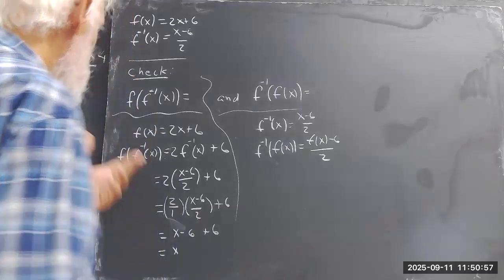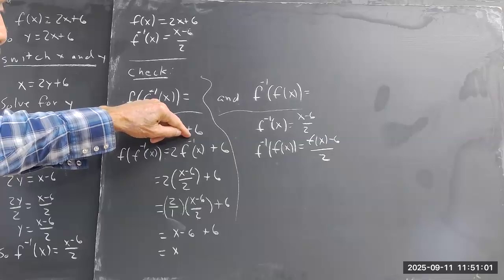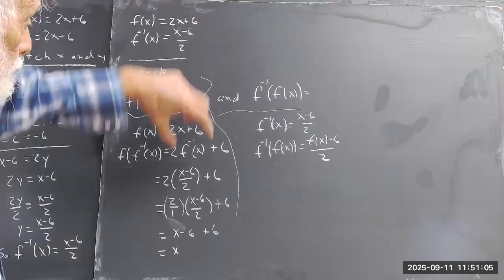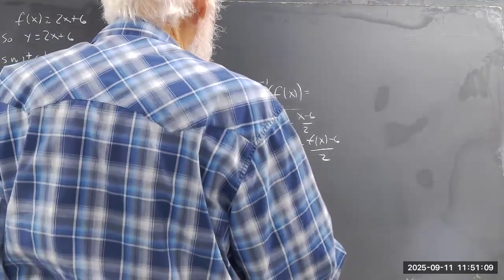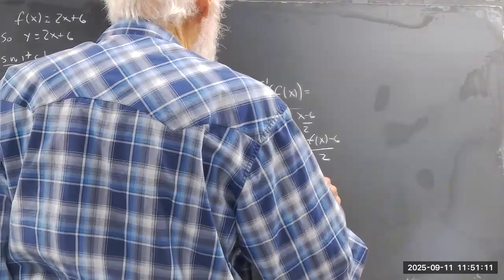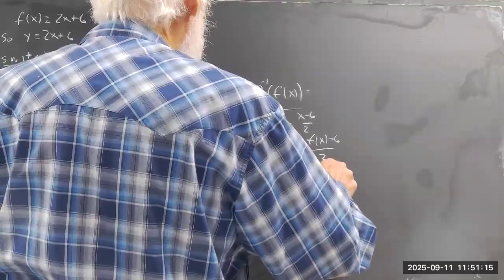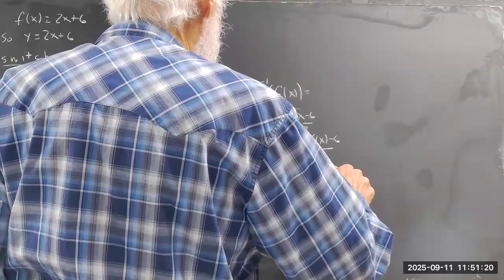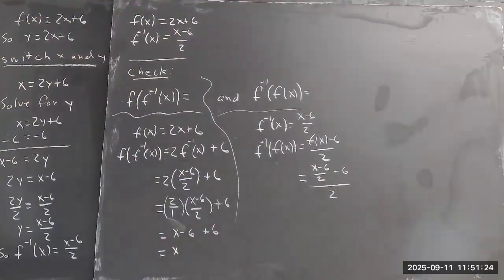And then what do we do? What did I do here? Well, I had f inverse of x, and I replaced it with the formula for f inverse of x. So f of x is going to be replaced by x minus 6 over 2. And we get this complex fraction.